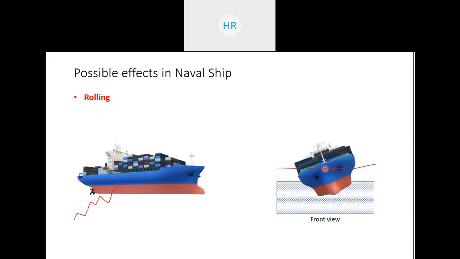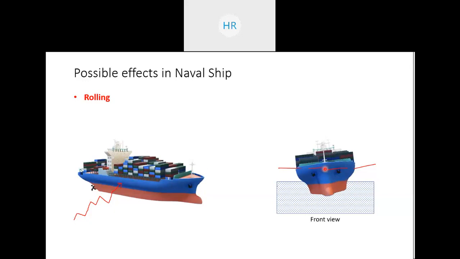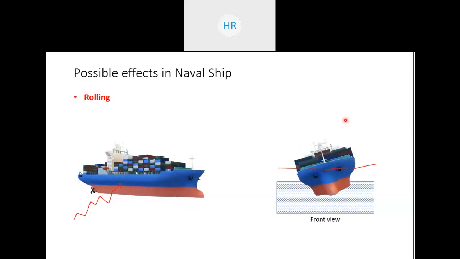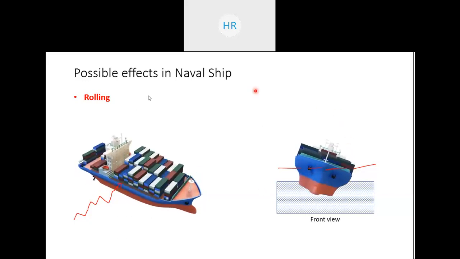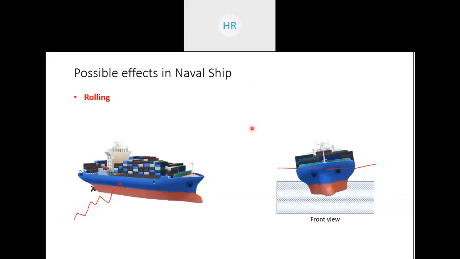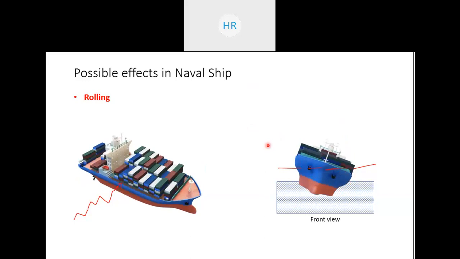So you can say the ship is oscillating about its longitudinal axis. So this kind of motion is called rolling motion of ship. આ રીતનું જે મોશન થતું હશે તેને કહેવાશે rolling motion of ship.